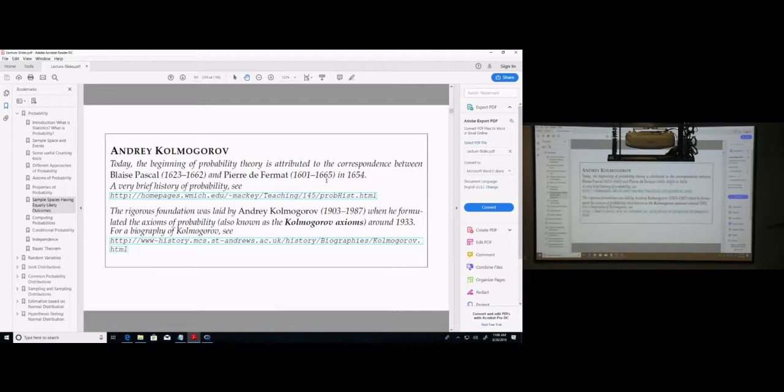Probability had a hard time throughout the centuries to be recognized as a real branch of mathematics, unlike geometry or algebra or other things, because some of the terminologies are a little bit vague, not very well defined. Kolmogorov in 1933 got it settled.